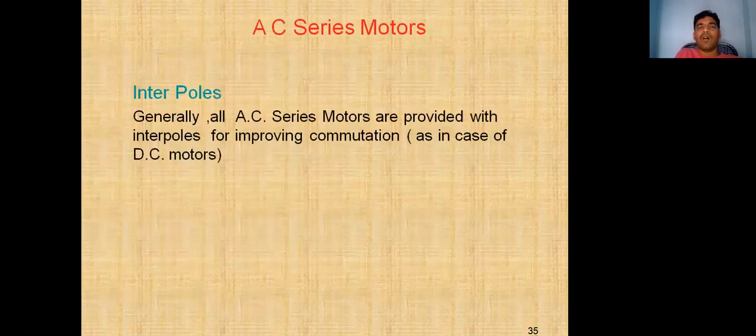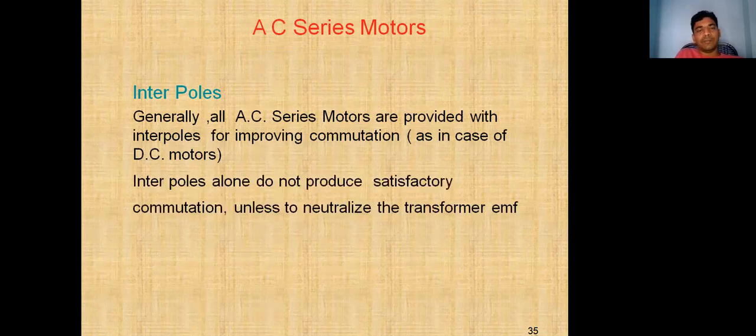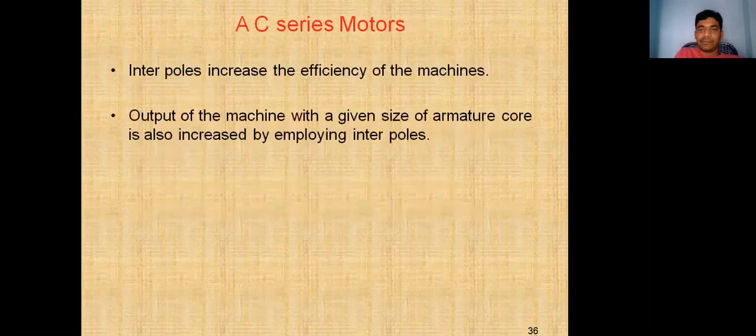Interpoles. Generally, all AC series motors are provided with interpoles for improving commutation, as in the case of DC motors. Interpoles alone do not produce satisfactory commutation unless the transformer EMF is neutralized. Interpoles increase the efficiency of the machine.